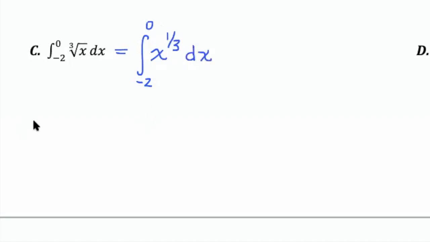Okay, so now I am ready to use my power rule for integrals to find the antiderivative. I'm going to increase my exponent by 1. Now, working off to the side here, if I'm going to add 1 onto 1/3, I'm going to do it as 3/3 with a common denominator.